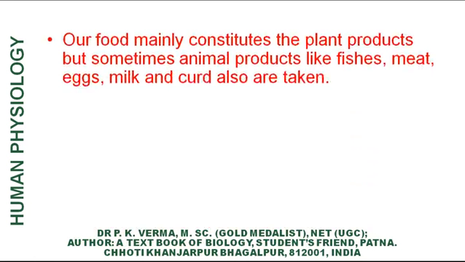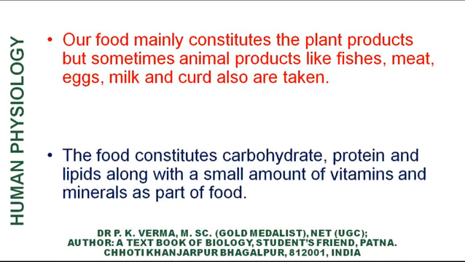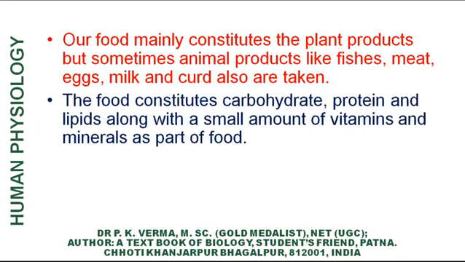Our food mainly constitutes plant products, but sometimes animal products like fishes, meat, eggs, milk and curd are also taken. The food constitutes carbohydrates, proteins, and lipids, along with a small amount of vitamins and minerals.